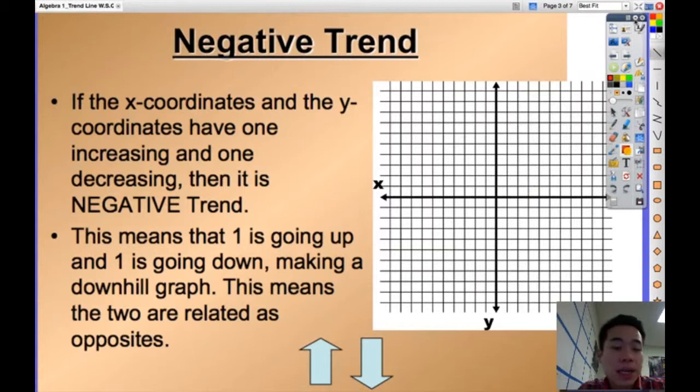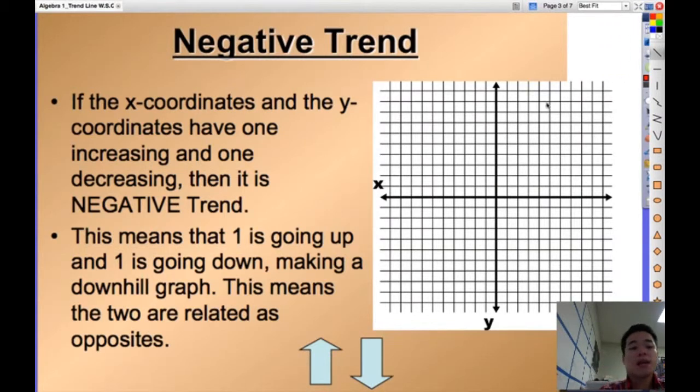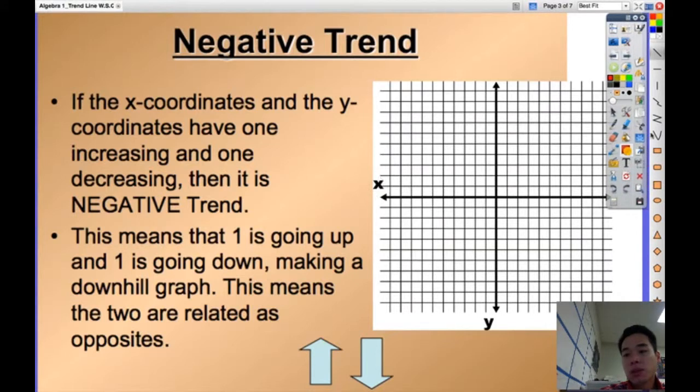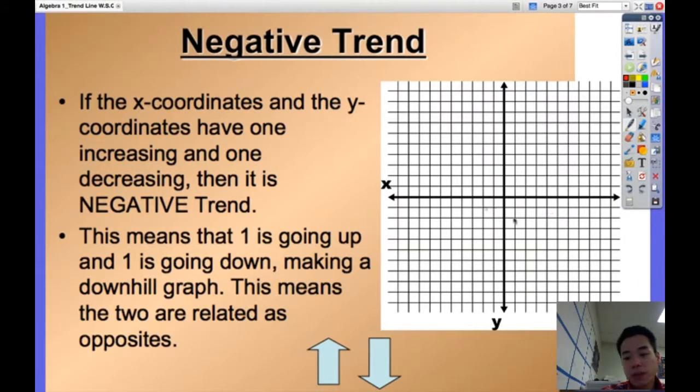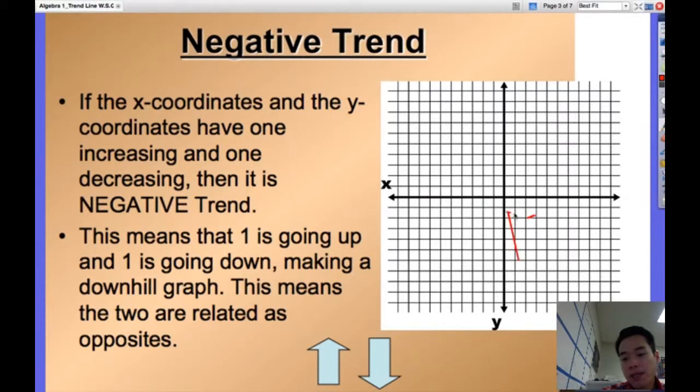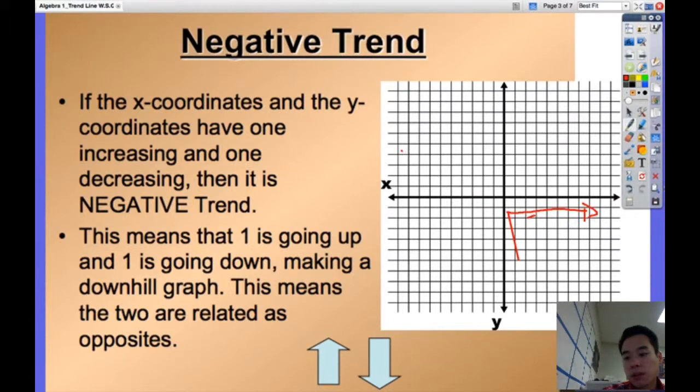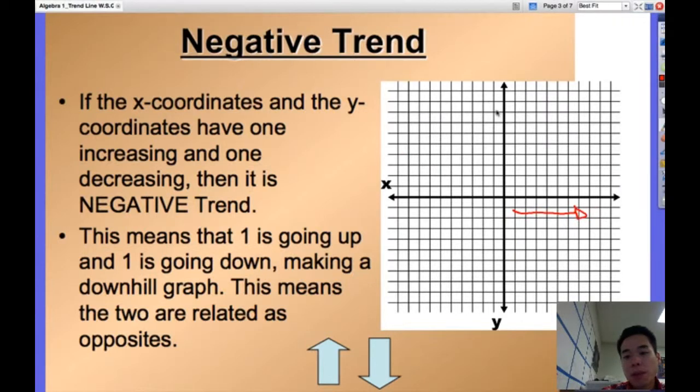Negative trend. A negative trend is the opposite effect of that. As one is increasing, the other one is decreasing. So a common negative trend: as my x value is increasing, my y value is decreasing.